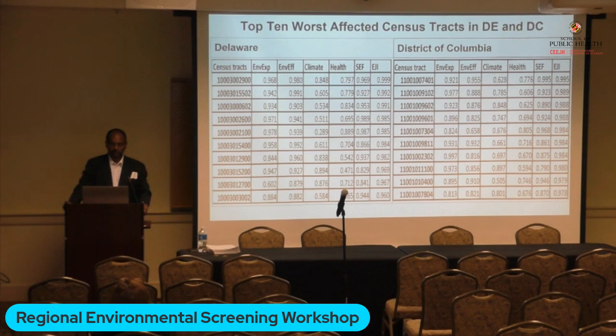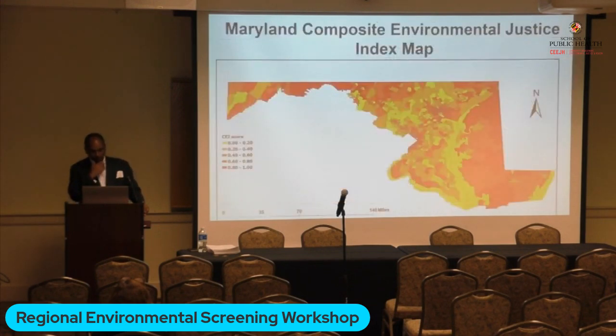In Washington, D.C., 007401 is the most highly affected census tract. So at the regional level and the state level, you can see which tracts are most highly affected in each state.